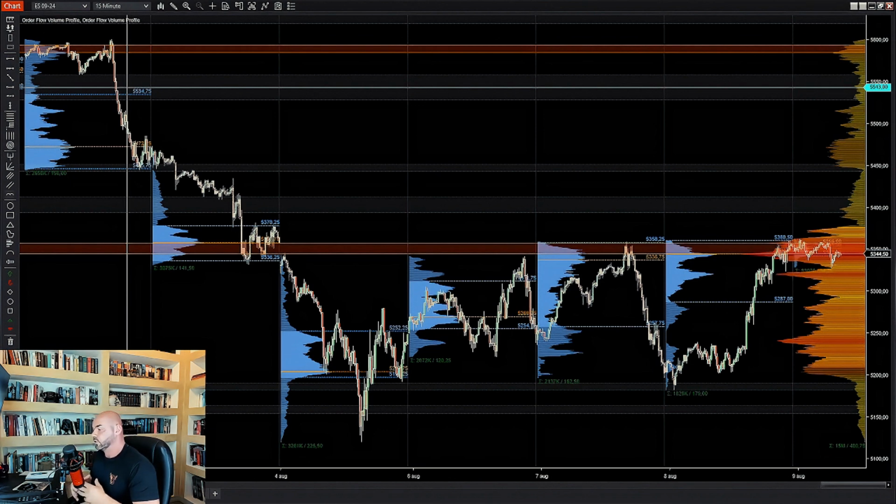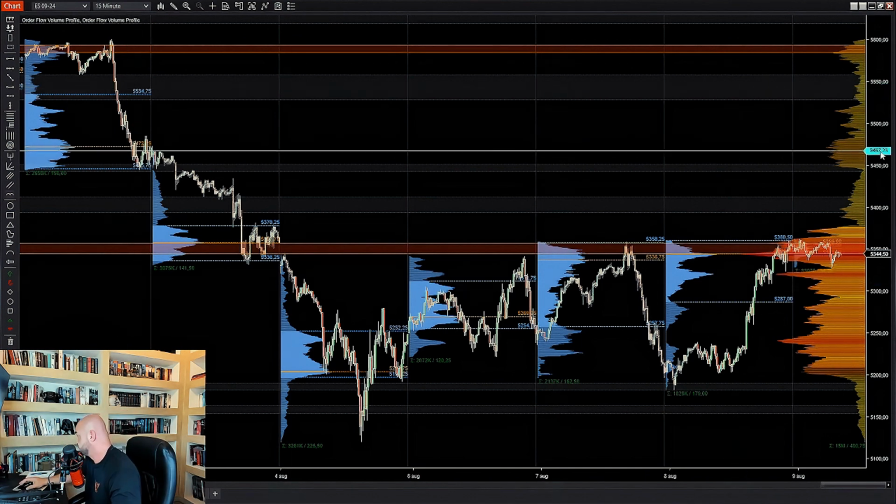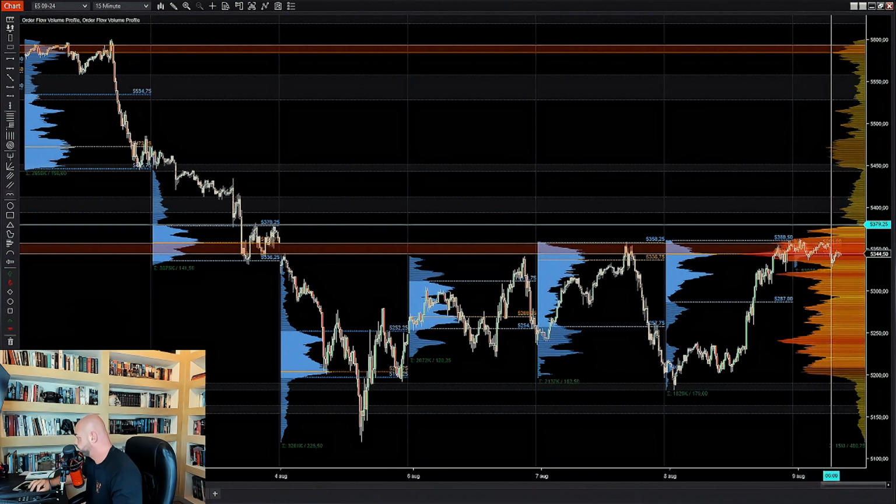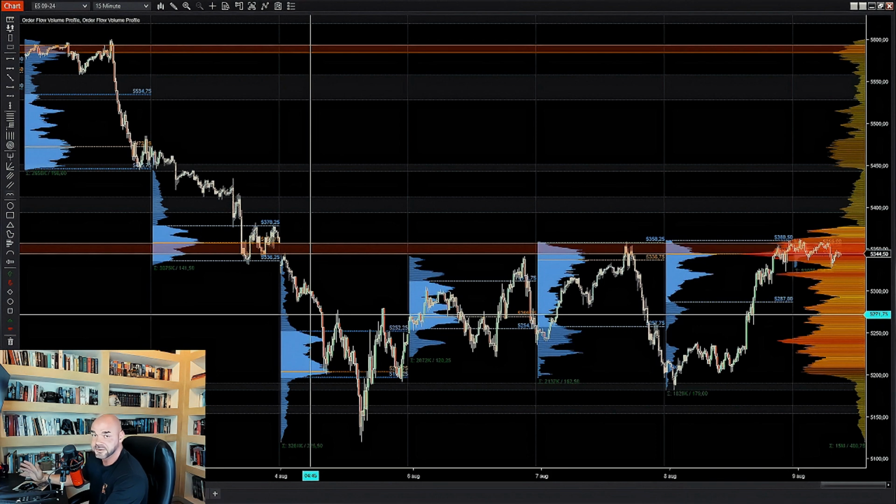A low volume node can be seen as a zone of no interest, where we can expect price to either shoot through or new orders will be formed there, cleaning up the volume profile, because a volume profile wants to be nice and evenly distributed on a chart. Low volume nodes like this will eventually just fill up because the market needs price to be evenly distributed overall.